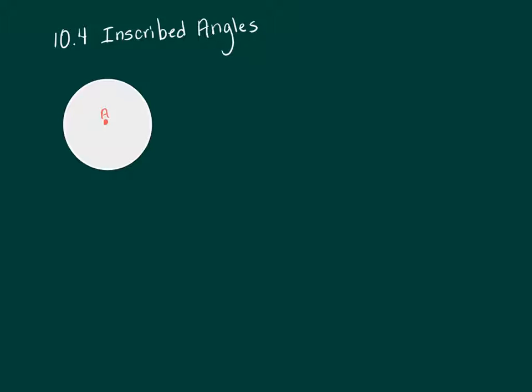And in this circle, we're going to put an angle that has as its vertex the center of the circle. Therefore, we have created a central angle. Angle A is a central angle because its vertex is the center of the circle.